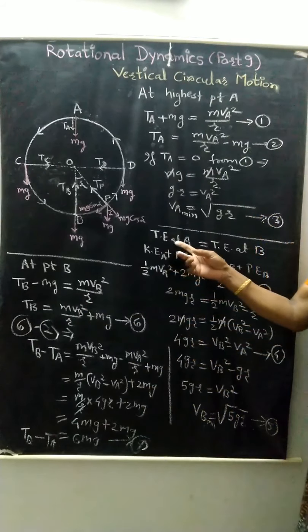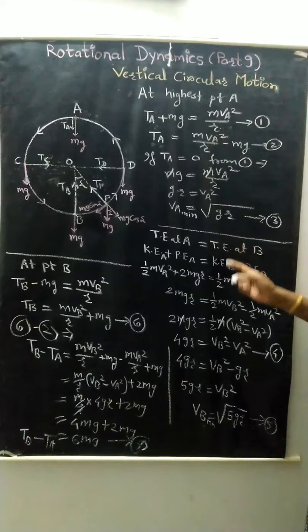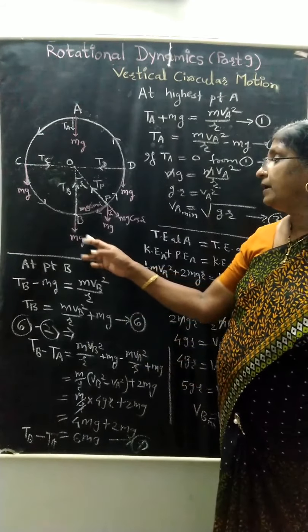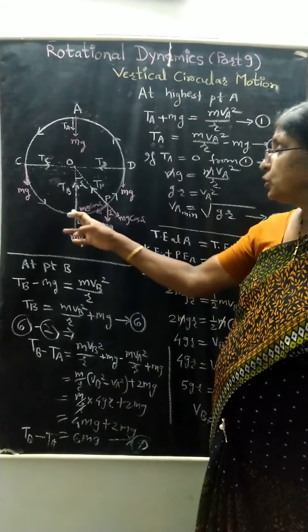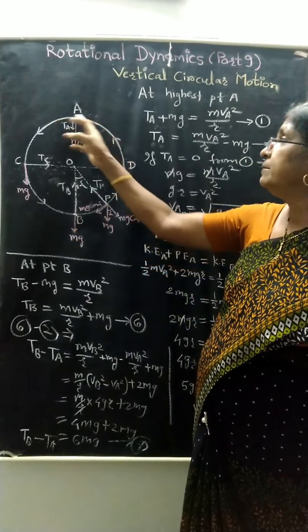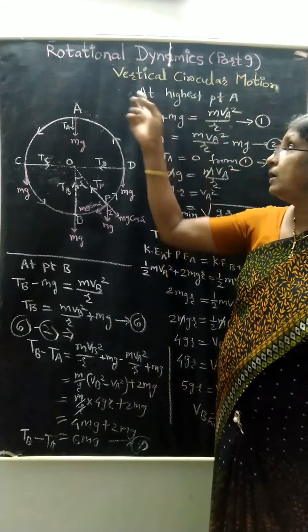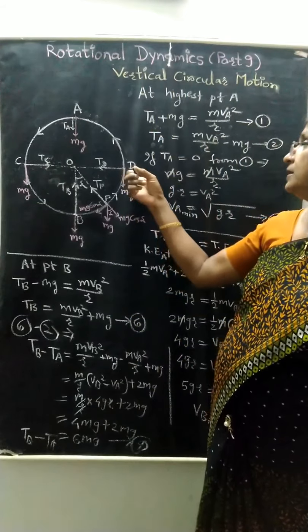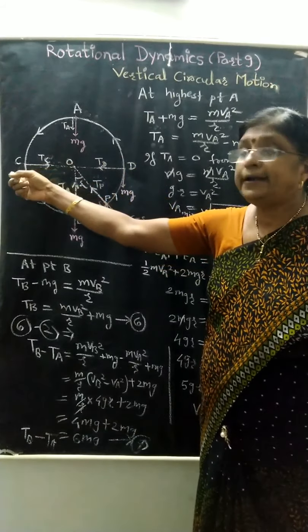And also we should use the principle of conservation of energy to find the minimum speed at the bottom point or the lowest point B, so that it is possible for the particle to complete the vertical circular motion. Now let us find the speed at midpoint D or point C.